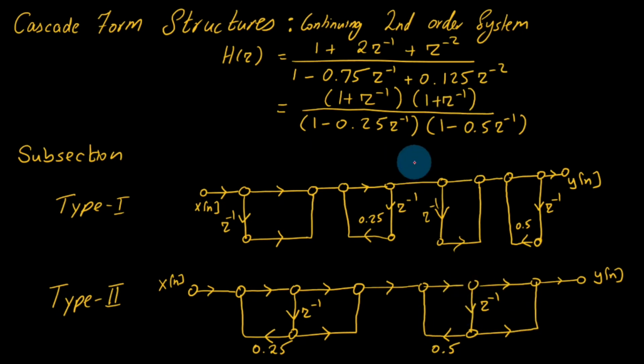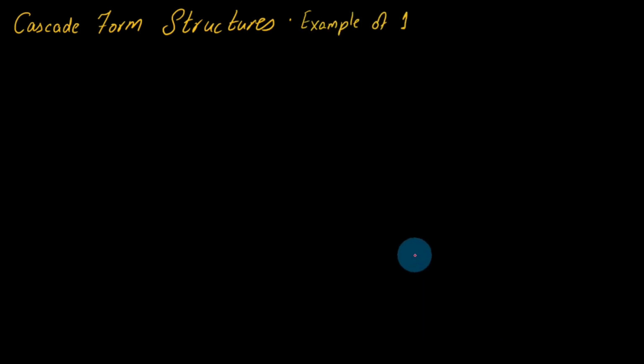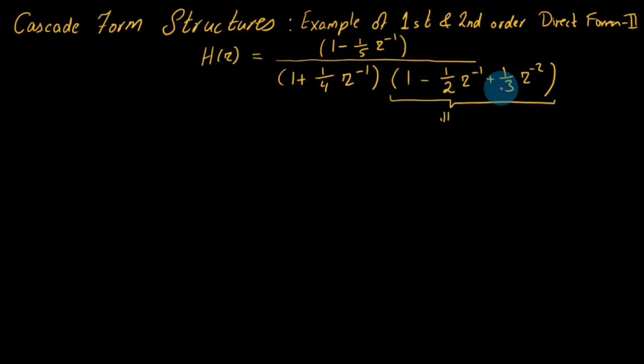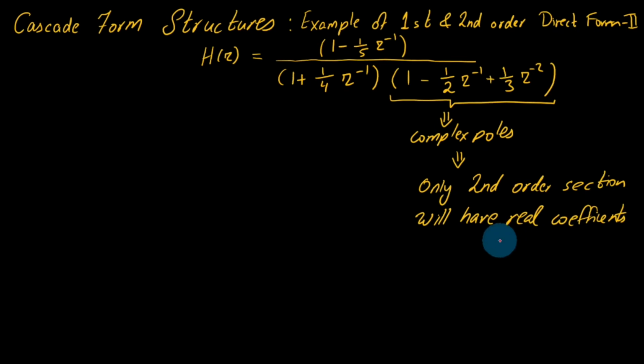So in this particular case, we have all real zeros and poles. So this representation was quite straightforward. Now, assuming that we have a system in which we cannot further break this down, we can't have real poles and zeros, for instance. So in that case, we can have complex poles for this structure, and only second order sections will have real coefficients. So we are intending to draw SFG, signal flow graph, with only real coefficients.